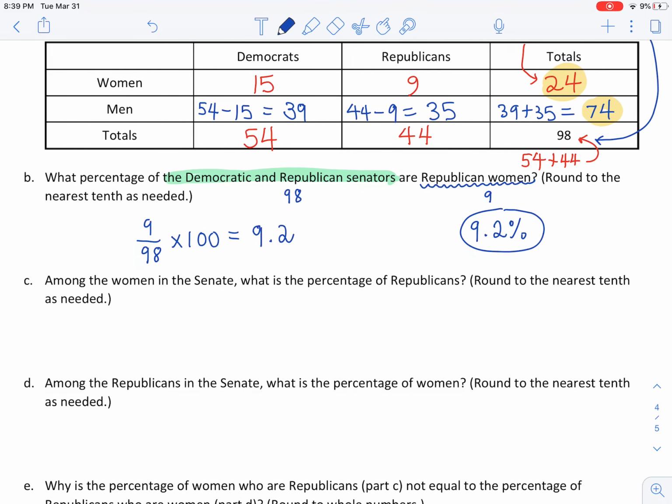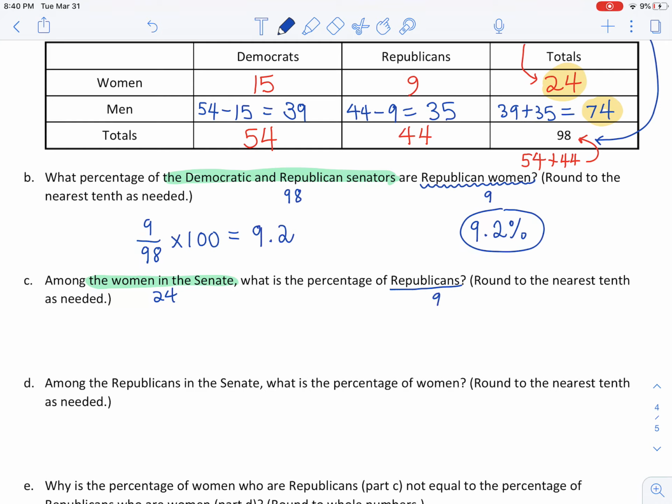So the next one. Among the women in the Senate. Okay, I'm going to highlight the women in the Senate. This is going to be our denominator this time, the total number. So we know that there are 24 women in the Senate. What is the percentage of Republicans? Now, they're asking out of all the women in the Senate, how many of them are Republican women, right?